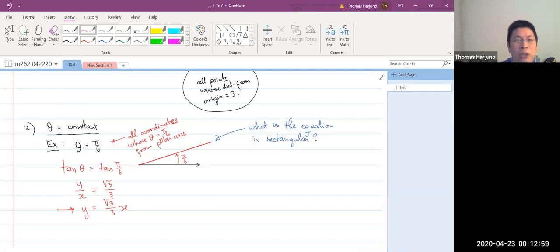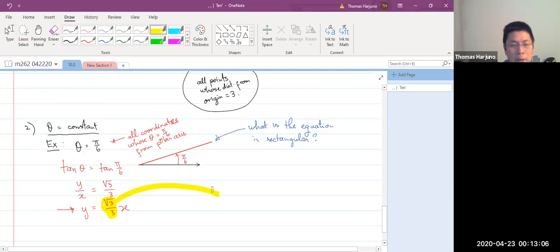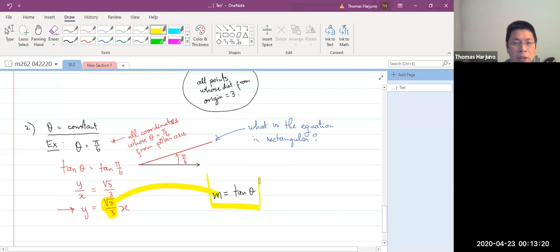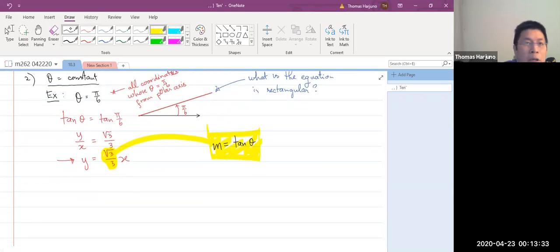Okay, which if you look back, you notice that the slope of the line is equal to tangent theta. If you think about the interpretation, right? The interpretation is the slope of the line equals to tangent theta. And it is actually true for all lines in general. So as a side note, maybe I put it here.